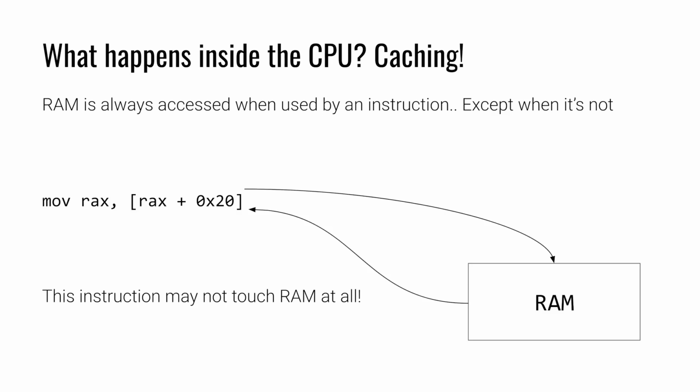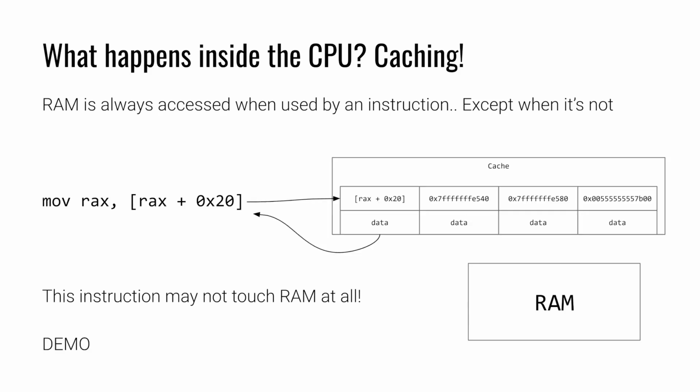So this instruction, and it's not incorrect to think about it this way, we think about it as if every time we see a dereference of a virtual memory address, we're going out and grabbing some value in memory and then moving that into a register that exists in the CPU. But in truth, there's a caching layer, and this caching layer may cause this instruction to not actually touch RAM at all.